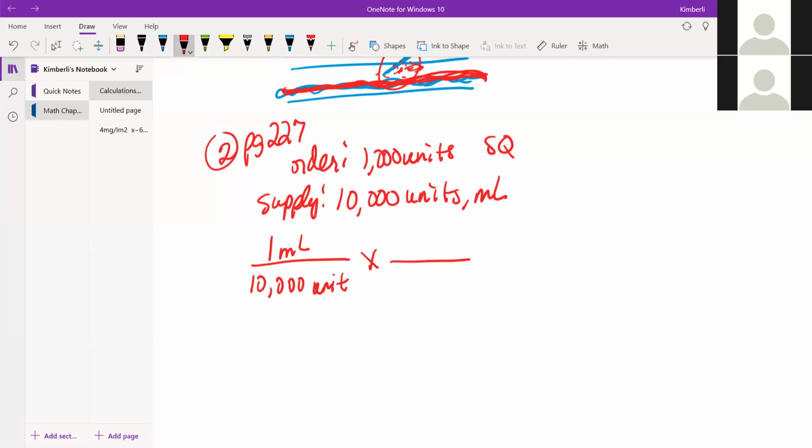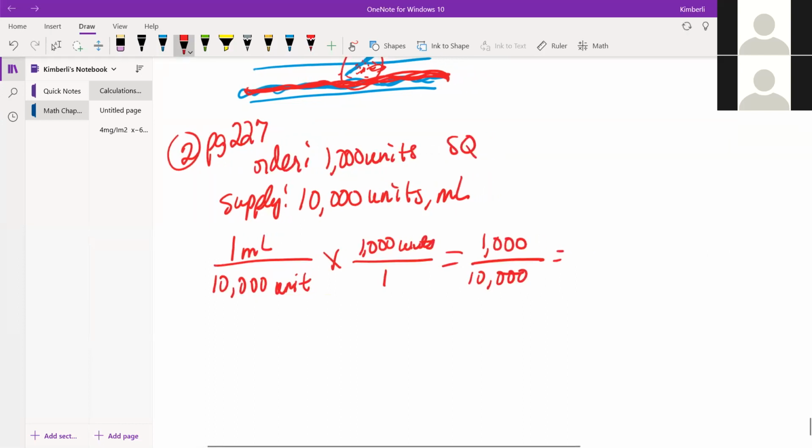And I want to give the patient 1,000 units. Okay, so here I have 1 times 1,000 is 1,000 divided by 10,000 times 1 is 10,000. And what do I get with this? 0.1 ml. 0.1 milliliter, very good.